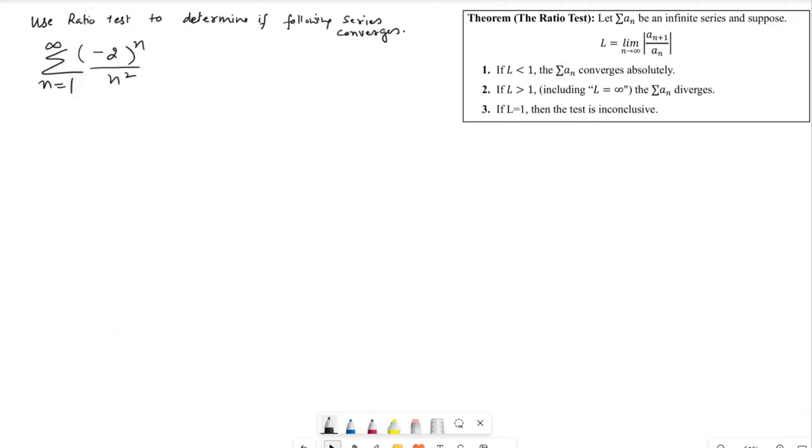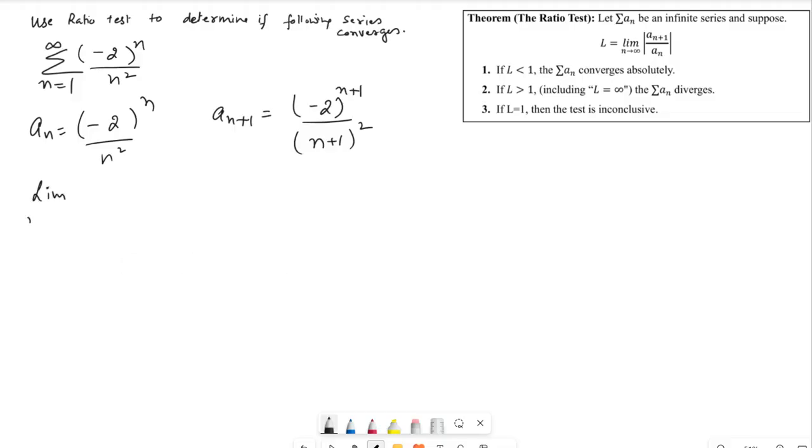Let's do another one. Use the ratio test to determine if the following series converges. Here, a_n is (negative 2)^n divided by n squared. So a_(n+1) will be (negative 2)^(n+1) divided by (n plus 1) whole squared. Wherever there is n, you need to change it to n plus 1.